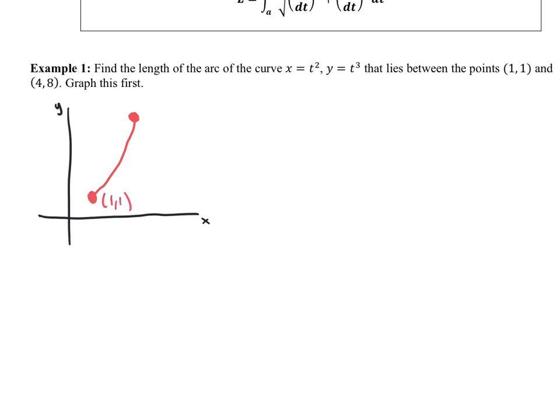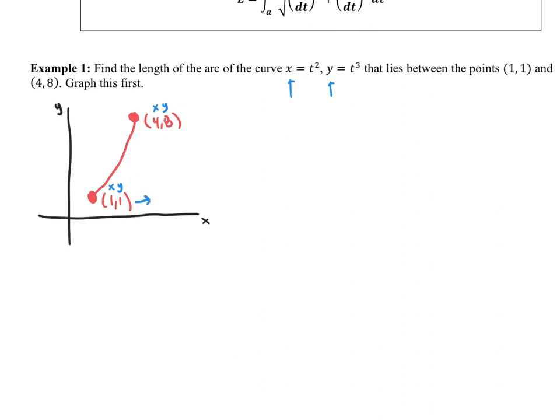Now, one of the things that we always have to make sure of with parametric equations is that we analyze the correct variable. In this case, we're looking at t, but we're given points in x and y. So if we have x equal to 1 and y equal to 1, and then x equal to 4 and y equal to 8, we have to think about what t value is associated with those points. If you put 1 in for x and 1 in for y, t would be clearly 1.